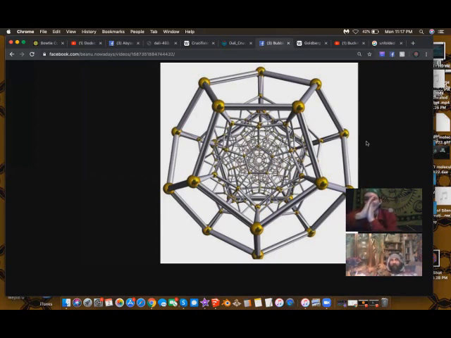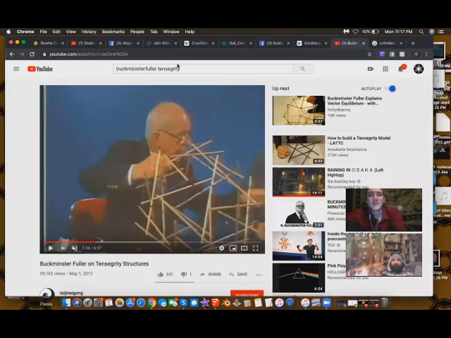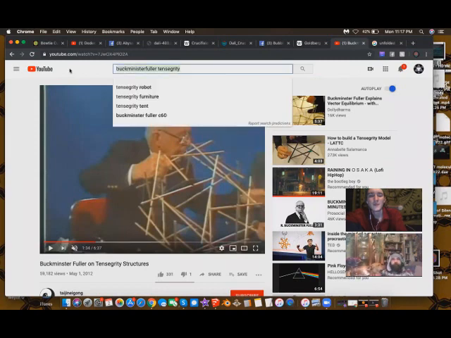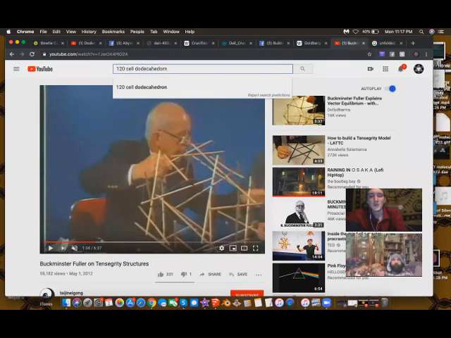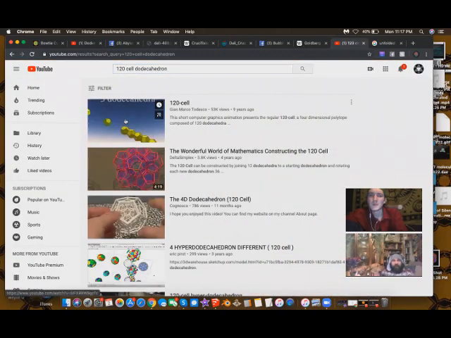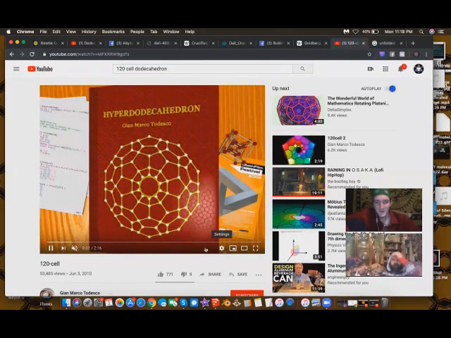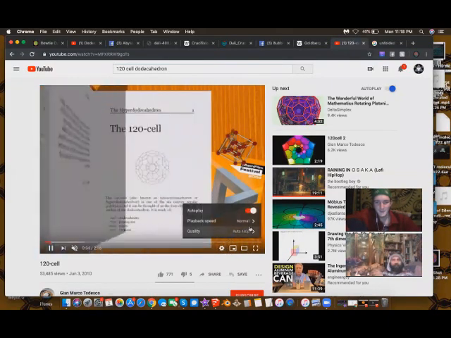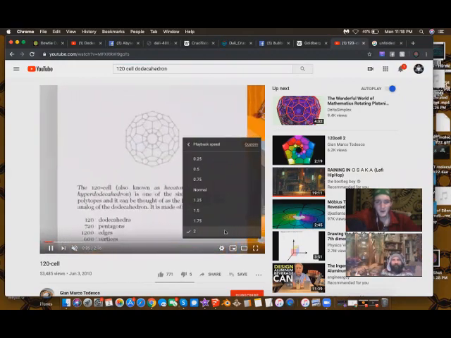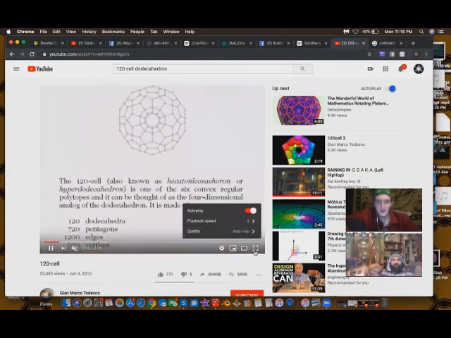Okay. Some other time I'm gonna have to pull up the 120 cell. It might even be here. 120 cell dodecahedron. Now I'm gonna go ahead and speed this up, but this is absolutely incredible.